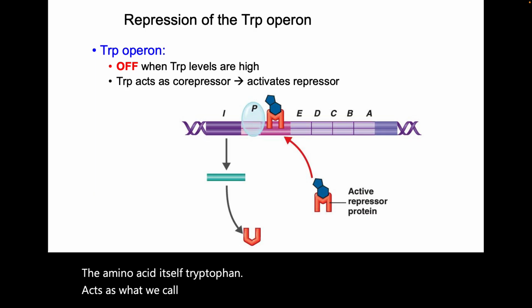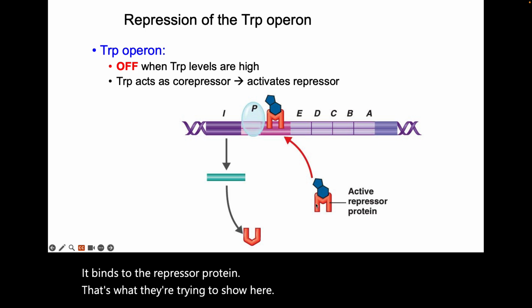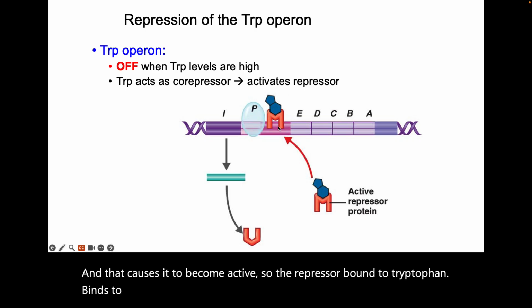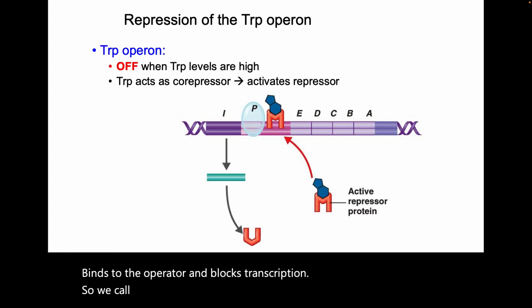co-repressor. It binds to the repressor protein. That's what they're trying to show here. And that causes it to become active. So the repressor bound to tryptophan binds to the operator and blocks transcription. So we call it a co-repressor.